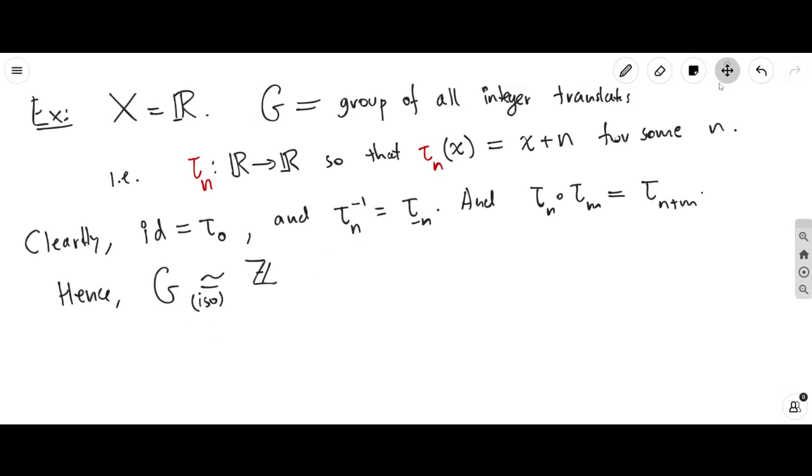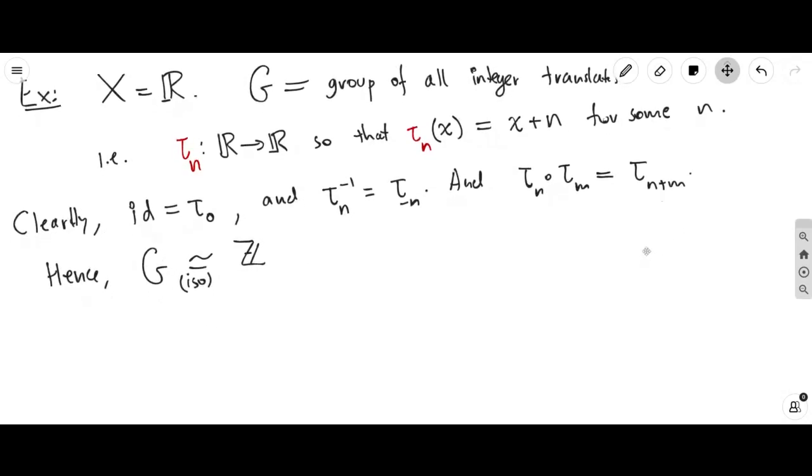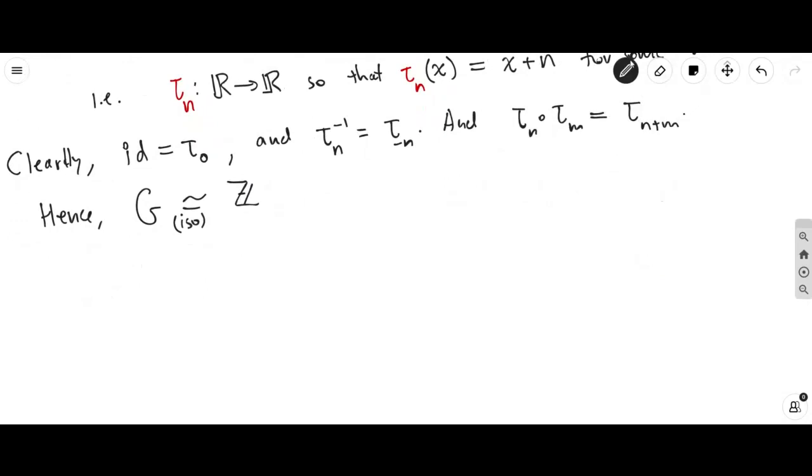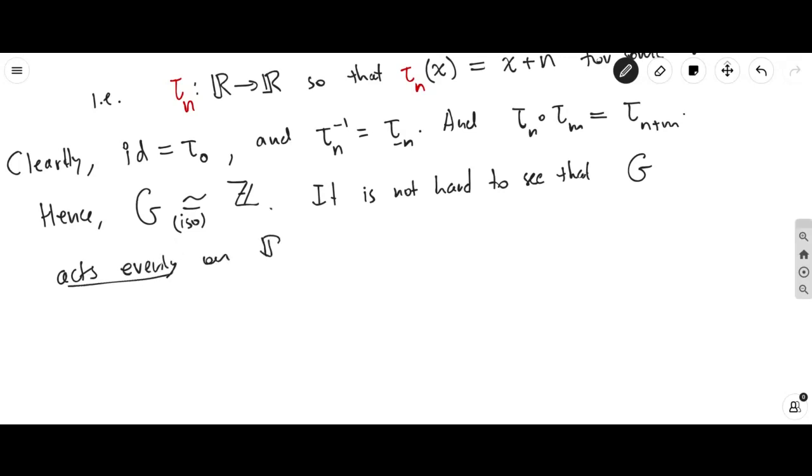Now, why does this group act evenly? So it is not hard to see that G acts evenly on the real line. Why is that? So here's what it has to do with. So here's the real line, okay?